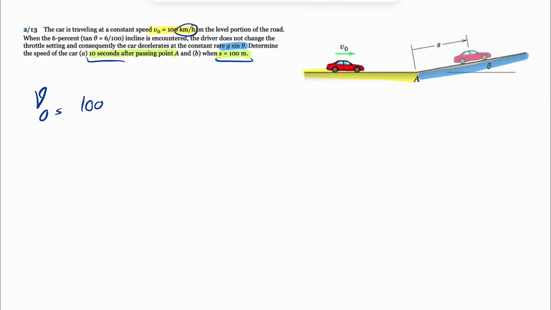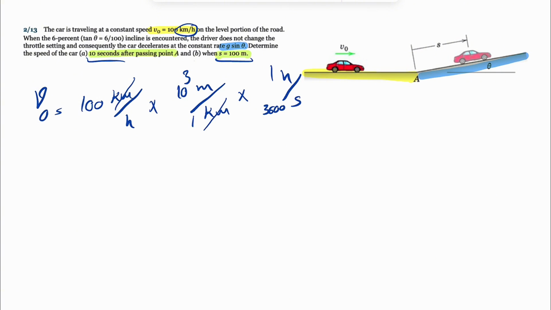Initial velocity 100 kilometers per hour, and we need to get rid of kilometers first, so we need meters per kilometer. We know 1 kilometer is 1000 meters. That's how we get rid of kilometers. And also hour per second: 1 hour is 60 times 60 seconds, which is 3600.